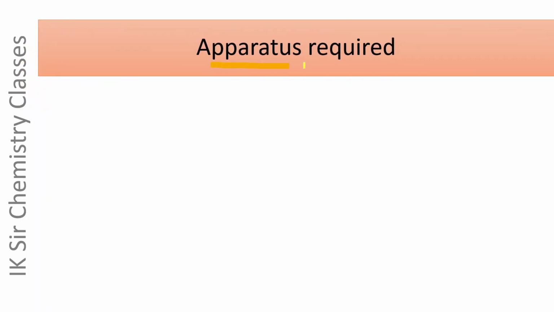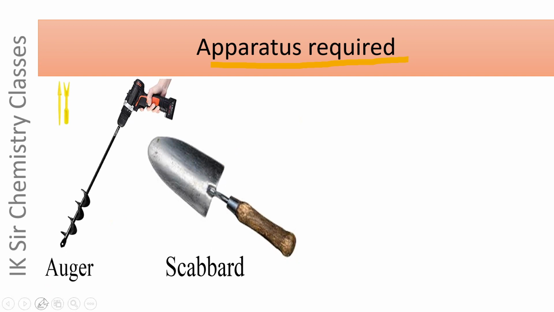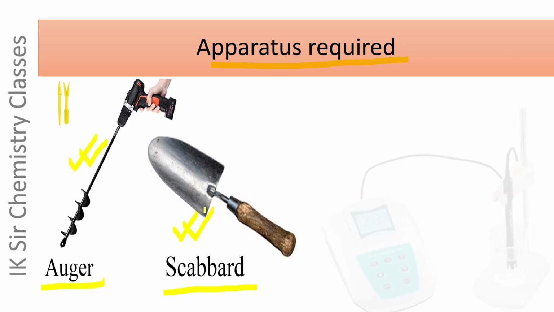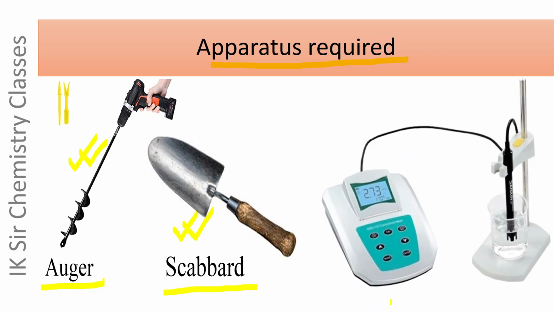Apparatus required for the measurement of soil salinity. This is an auger which is used to take soil sample under the surface, while this is a scaffold which is used to collect soil sample from the surface, and this is a conductivity meter. It is a vessel of the conductivity meter.